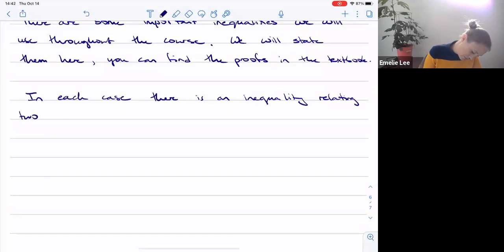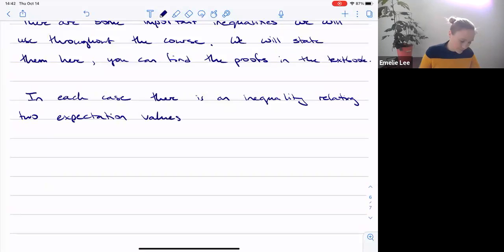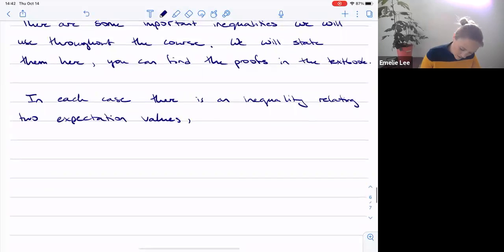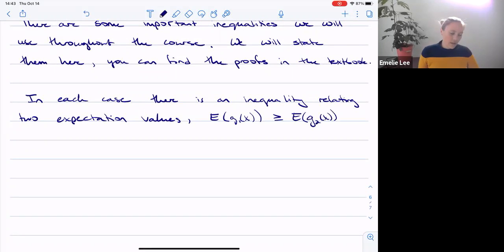The expected value of G1 of X is going to be greater than the expected value of G2 of X, assuming that G1 is greater than G2, right?